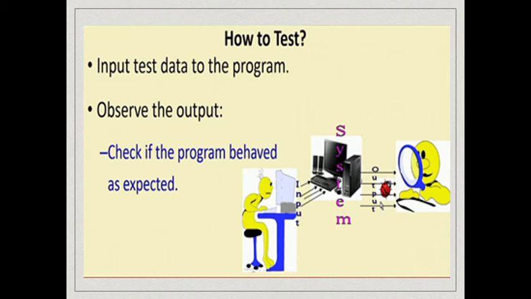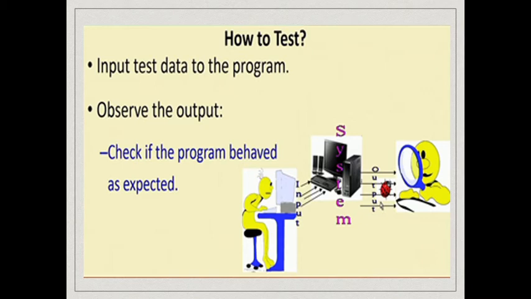So the first question to ask is: how do you test a program? Somebody may even ask you this question. We test a program by giving some input to it, called the test inputs, and then observe the output. If the output matches our expectation, we say that the test case has passed. But if it has failed, we note down for which data it failed and under what conditions.